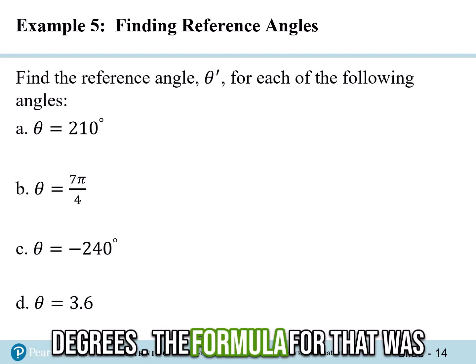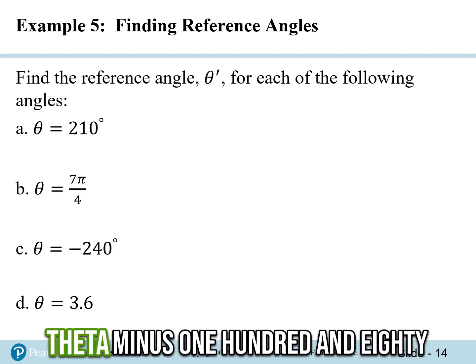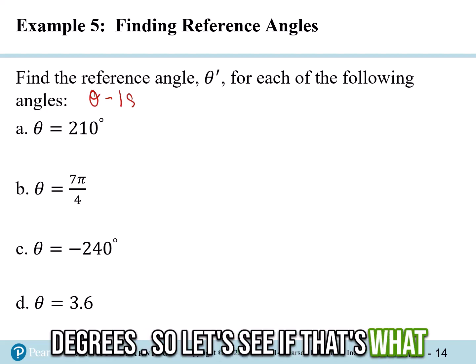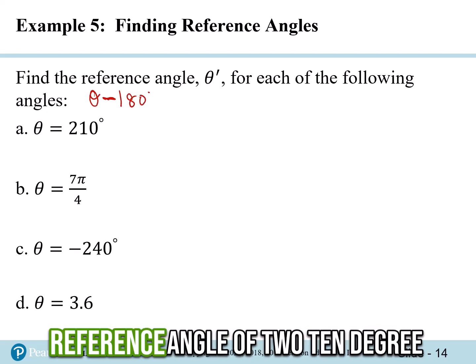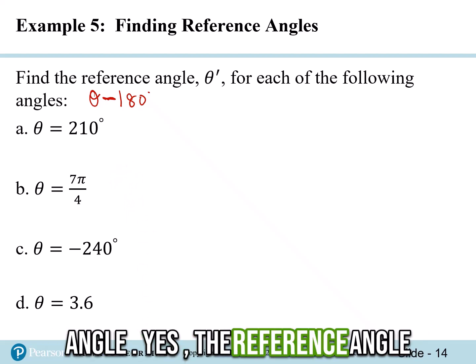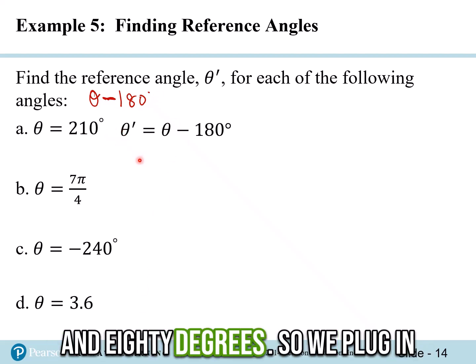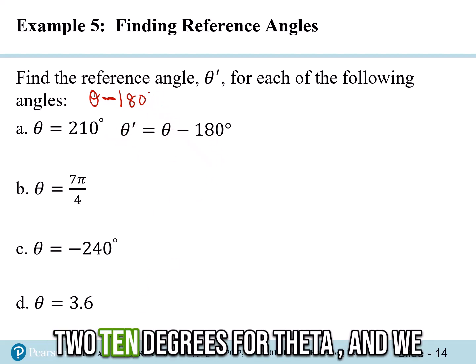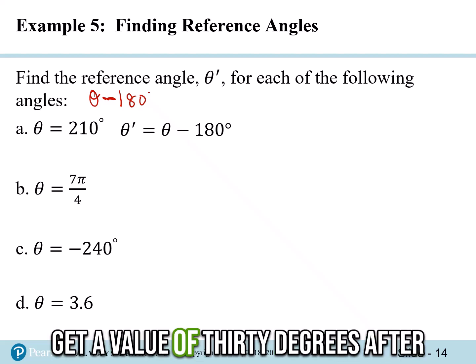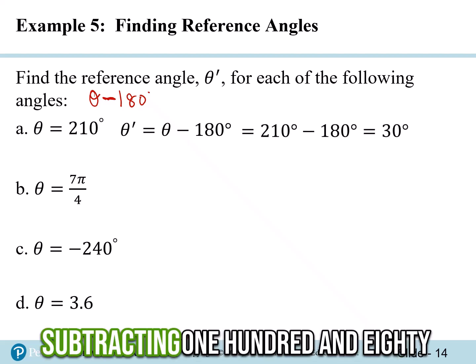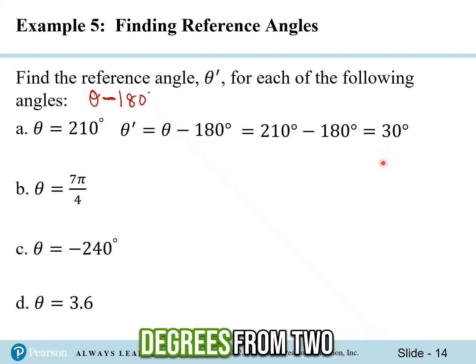The formula for that was theta minus 180 degrees. So let's see if that's what they have done here. Yes, the reference angle formula is theta minus 180 degrees. So we plug in 210 degrees for theta and we get a value of 30 degrees after subtracting 180 degrees from 210 degrees.